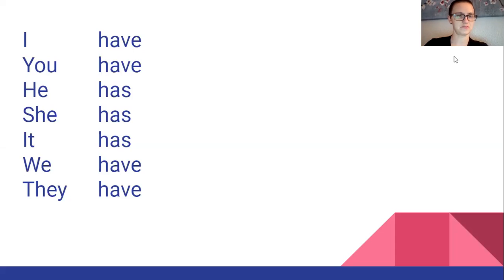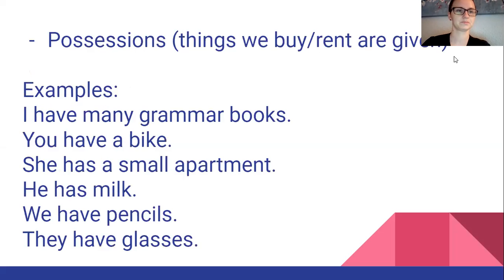So with have, we use I, you, we, and they: I have, you have, we have, they have. And with he, she, and it, we use has: he has, she has, it has.